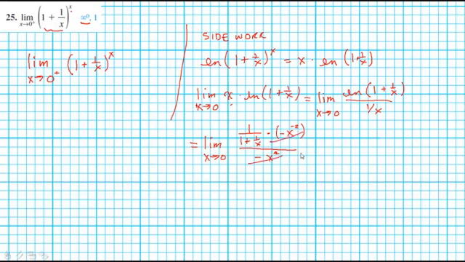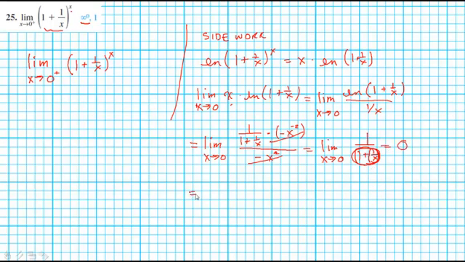Those two cancel, which means we're now taking the limit as x approaches 0 of 1 over 1 plus 1 over x. As x approaches 0, this thing approaches infinity. As this thing approaches infinity, this whole bottom approaches infinity, which means this whole thing is approaching 0.